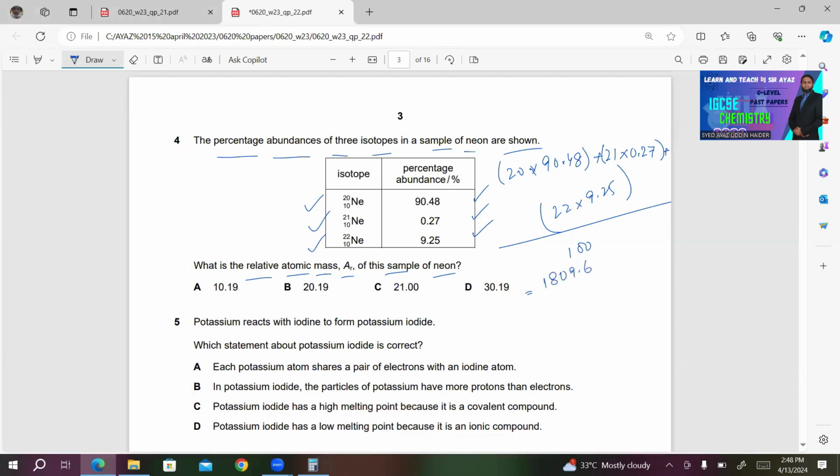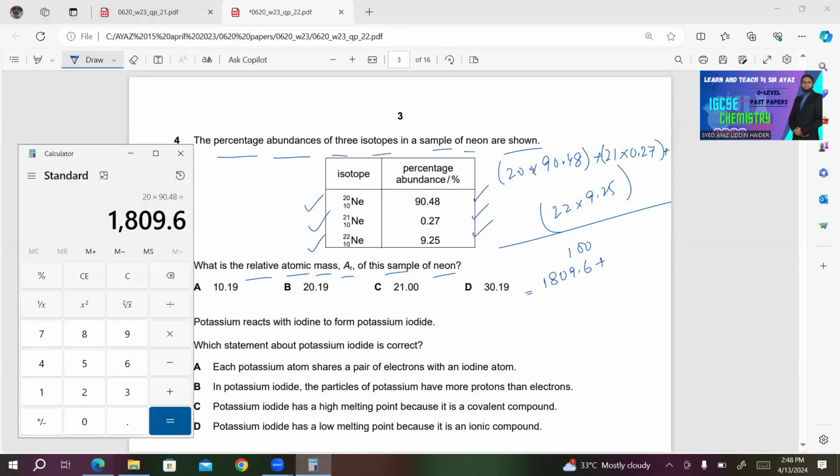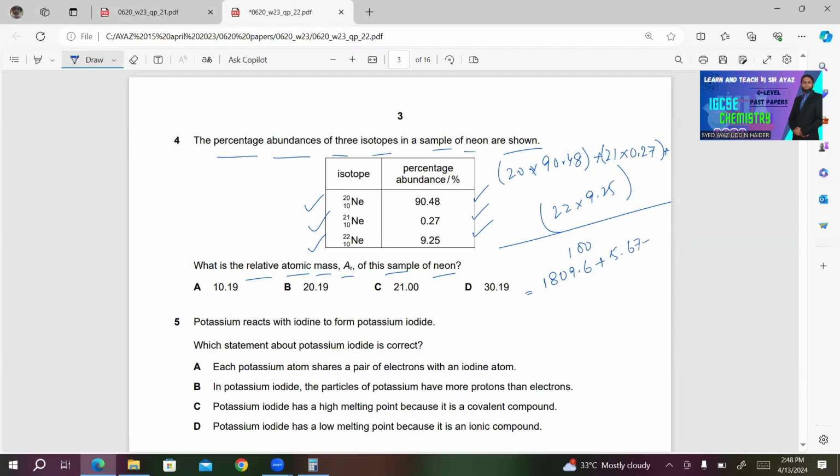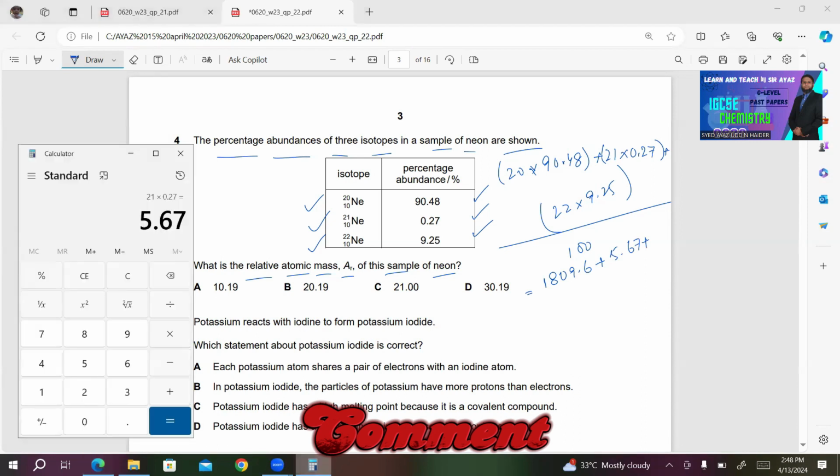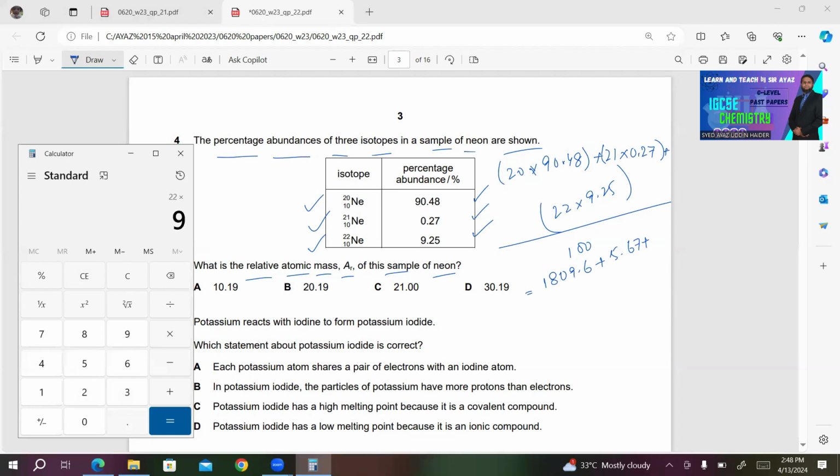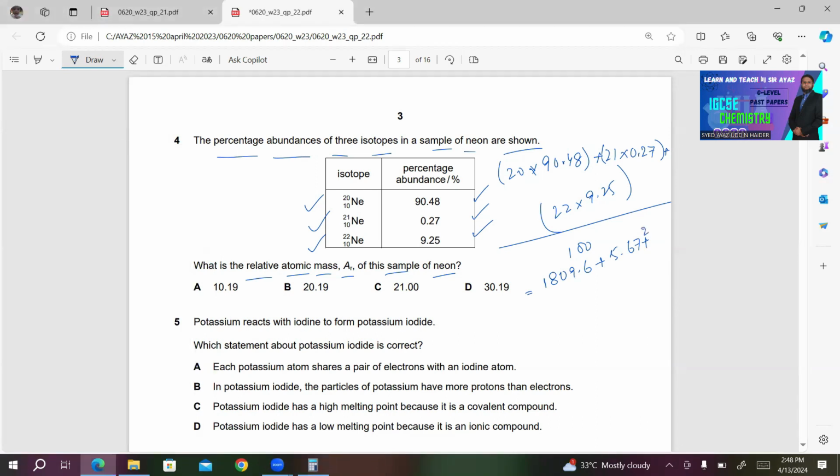Plus 21 multiplied by 0.27, 5.67, plus 22 multiplied by 9.25, 203.5, divided by 100.